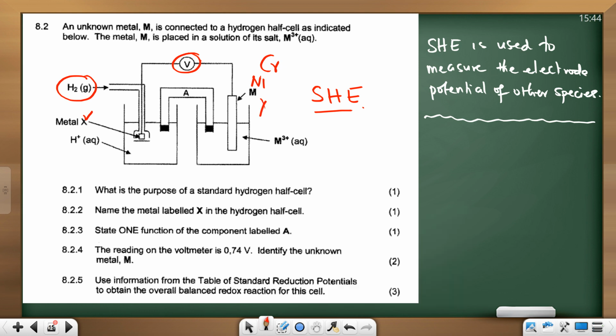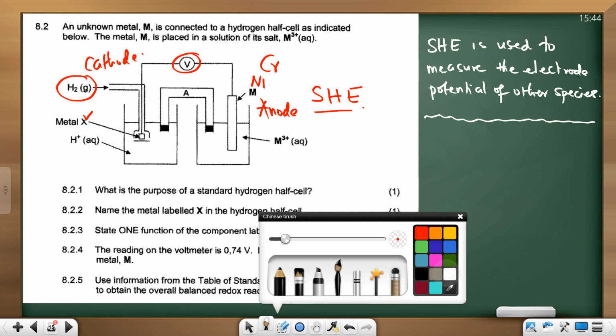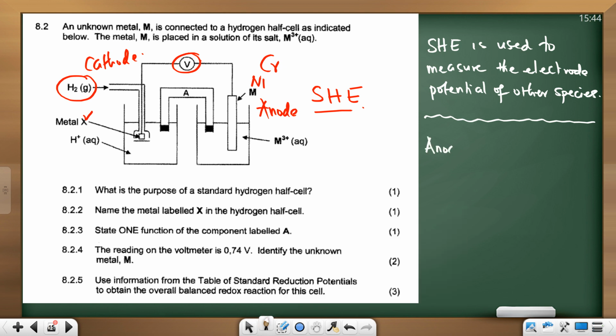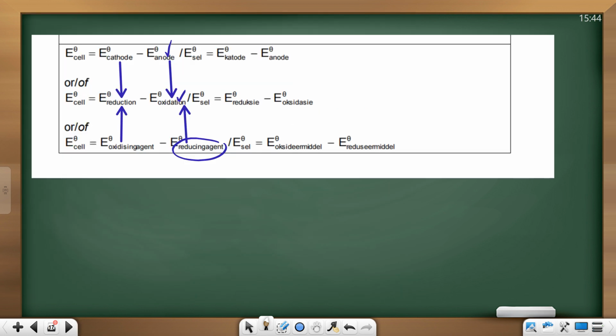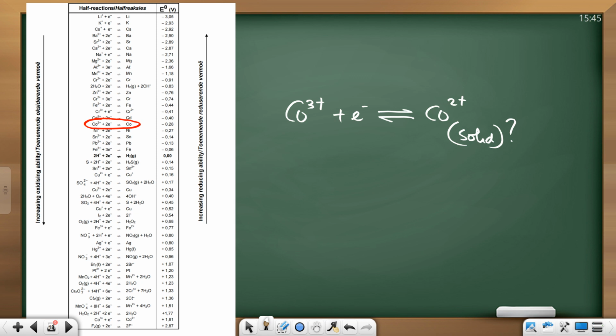That's the anode half cell. That's the cathode. I'm sure you know what to do, right? We write the anode from the right going to the left. The anode would be Cr to Cr3+ plus 3e-. We write the cathode from the left to the right, because hydrogen ion will be reduced to hydrogen gas.